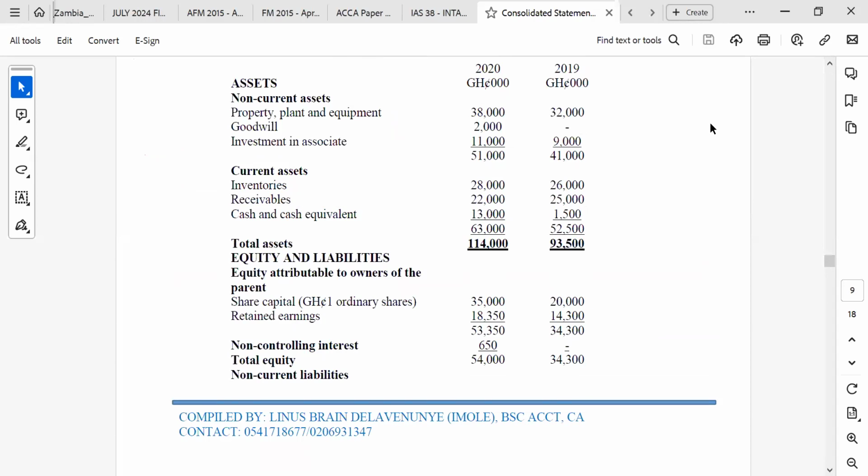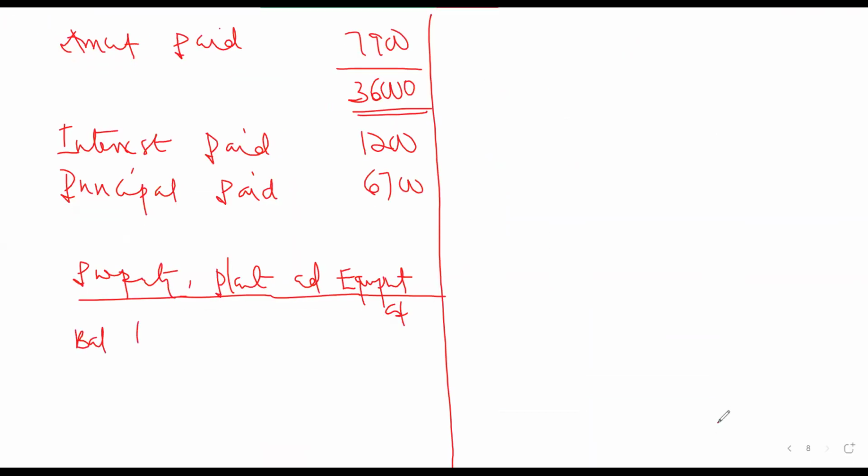Okay, so we have the balance brought down to be 32,000. What will happen? We add the acquisition, which is SM. Because we acquired SM during the year, we are going to be consolidating its figure together with the parent figure.